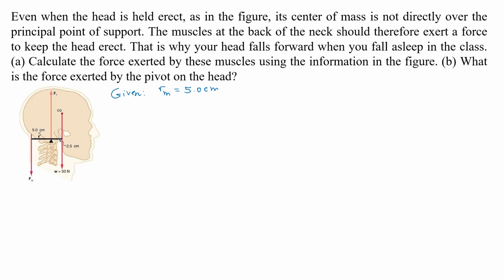And also R sub W is given, that is the distance from the pivot point to where the weight is exerted. That's 2.5 centimeters. And what else do we know? We know the weight of the head, which is 50 newtons.